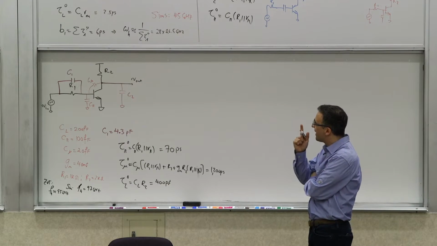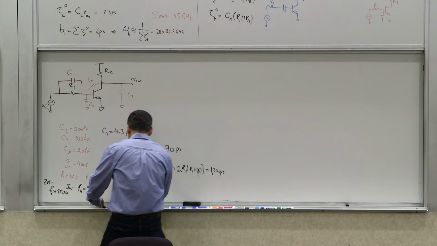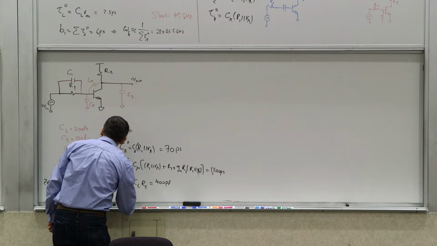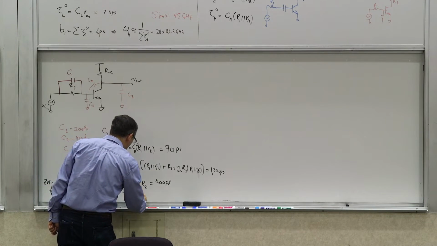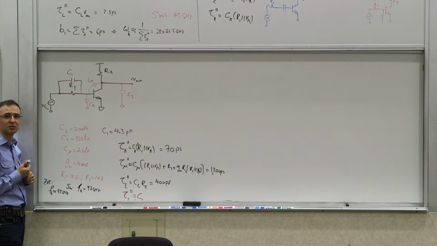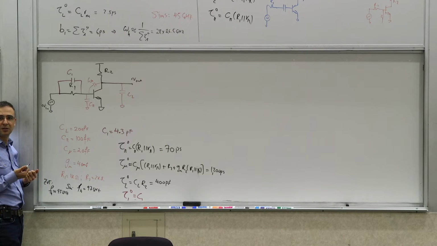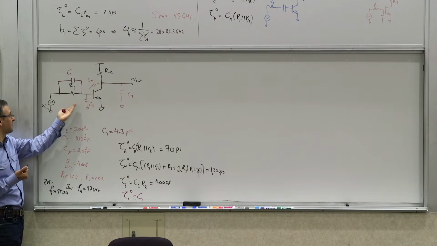Now, we have one more time constant, right? Due to this new capacitor. So let's call it tau 1 0. What is that? It's C1 times the resistance seen by C1 when all the independent sources are nulled. As far as that guy is concerned, from his pole perspective, it looks the same as C pi.